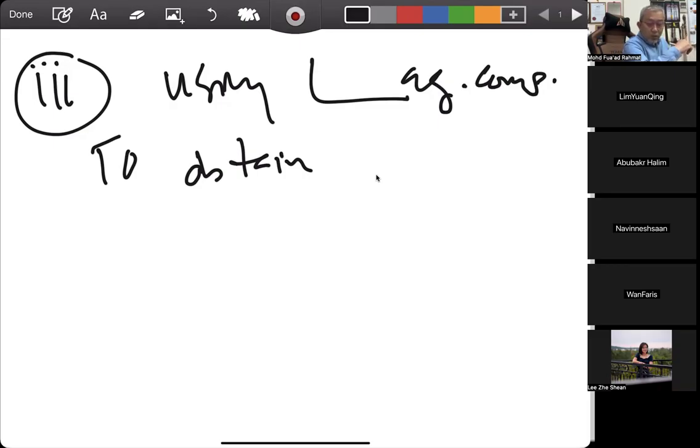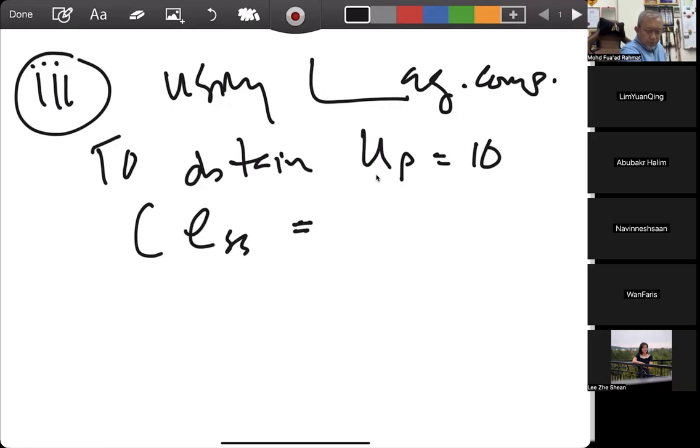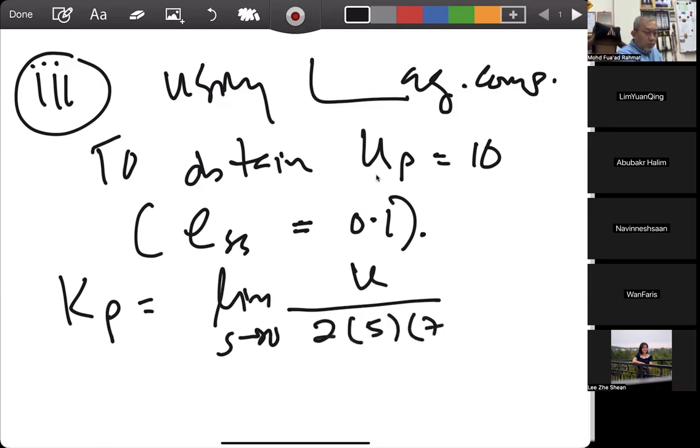We design a lag compensator. Okay. So to obtain KP equal to 10, which will give you the ESS 0.1. So KP, limit s to 0, K over 57 equal to 10.